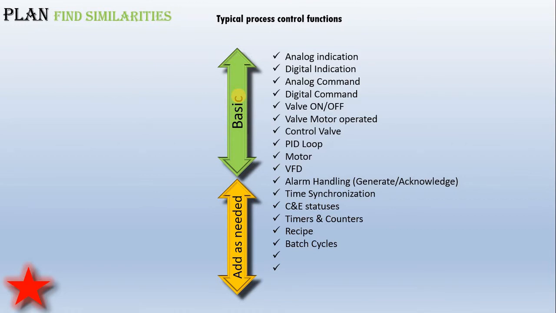Some of them have alarms, some of them do not, but it's better to arrange all of them as having alarms. Then you can add or remove the alarm as needed. Also see how many PID loops you have, and whether you have any on-off valves, motor MOVs, and so on. Then you can keep adding as you go. Even if it's only one piece, it's better to put it here now.